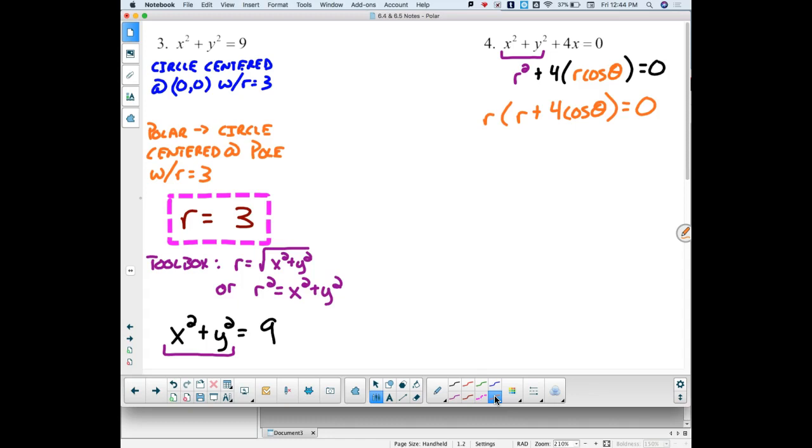I just saw a light bulb go on. Okay. Then what? I've still got to solve, right? So what do I got to do next? Set them both equal to 0. So r equals 0. R plus 4 cosine theta equals 0.